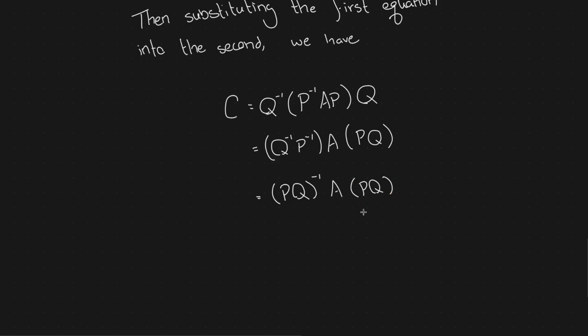So if PQ is our matrix, if C equals the inverse of PQ times A times PQ, that's the definition of similarity. So meaning A and C are similar matrices.